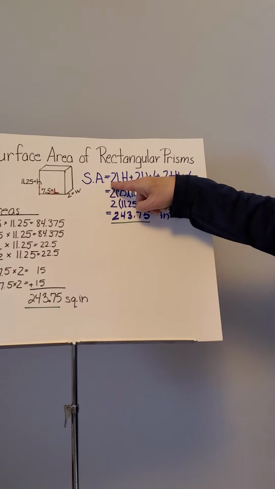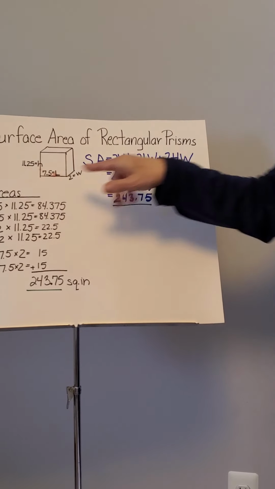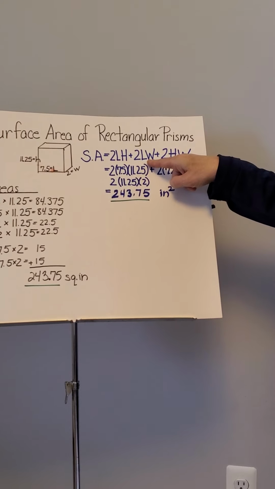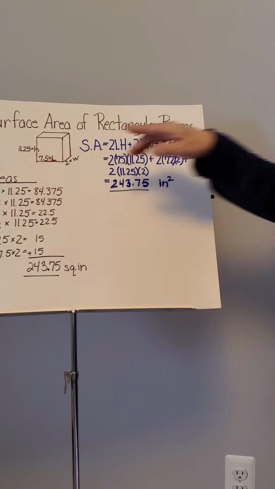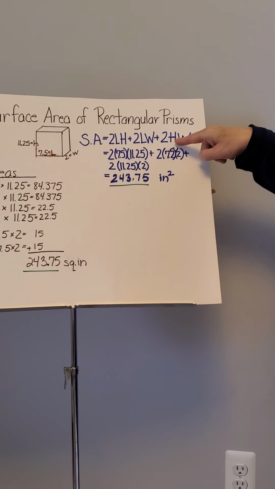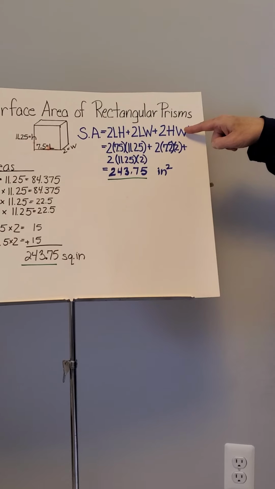Over here, there's a formula if you would choose not to make a table of information. You're really saying there's 2 of a length times height, 2 of this front and back, plus 2 of a length times width, and that would be the top and the bottoms, and then 2 of the height times the width, and that's the left and right side.